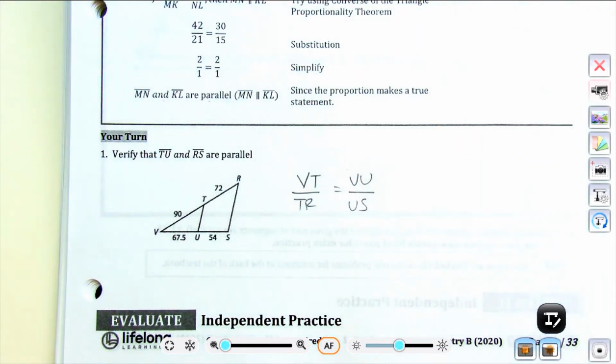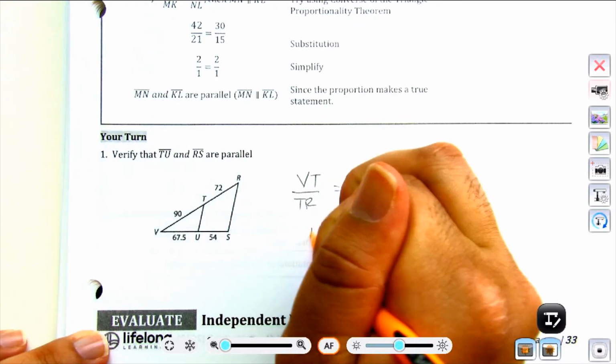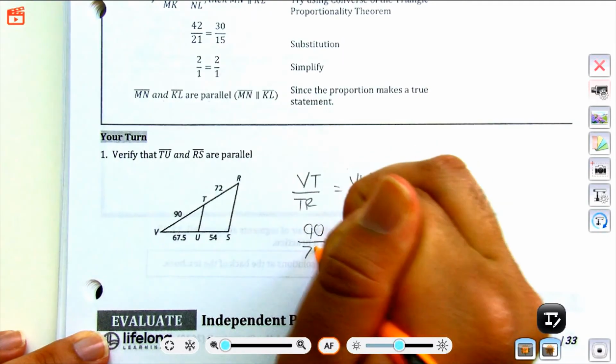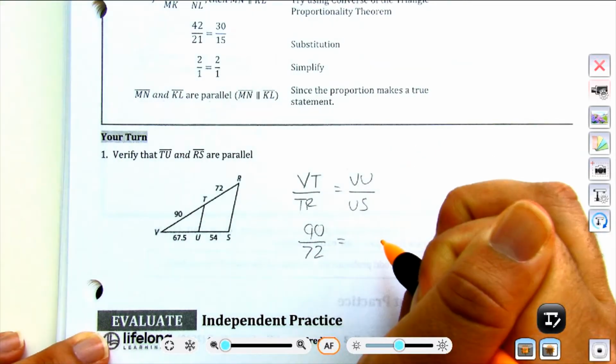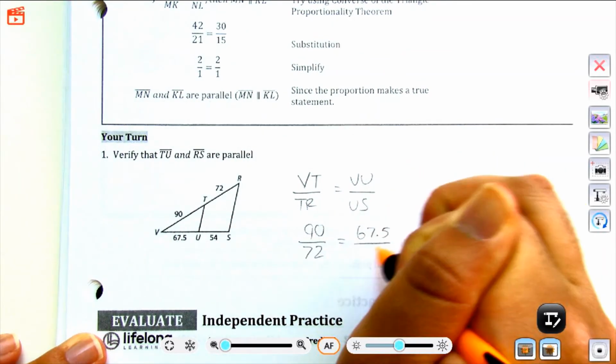So then I have 90 over 72 is equal to 67.5 over 54.